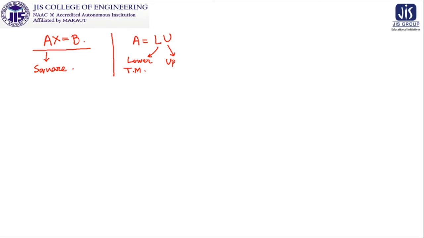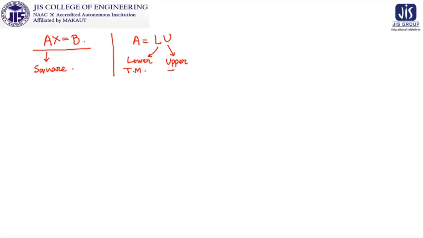If we have one system of linear equations and if I represent it in the form of Ax = B, where A is now for us a square matrix, then we are confident that we can represent it as A = LU, where L is the lower triangular matrix and U is the upper triangular matrix.